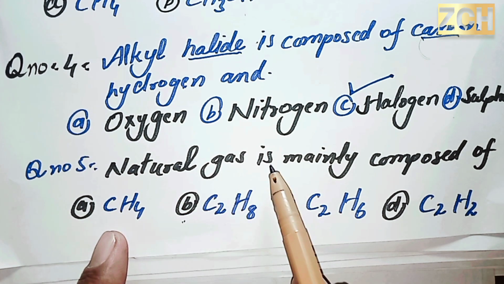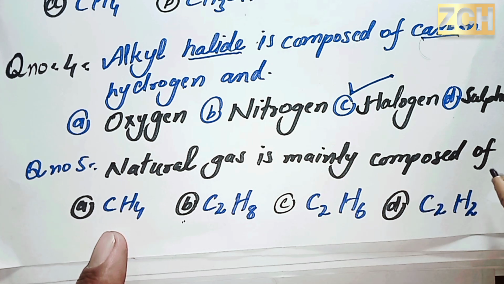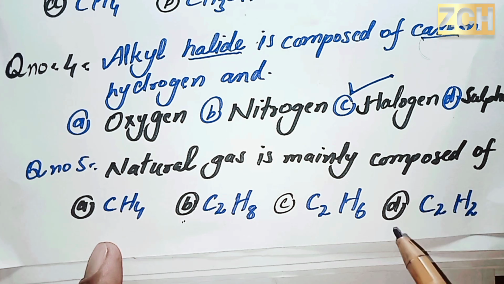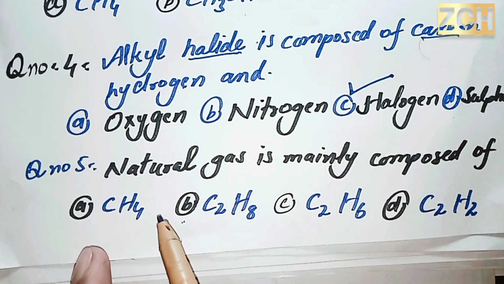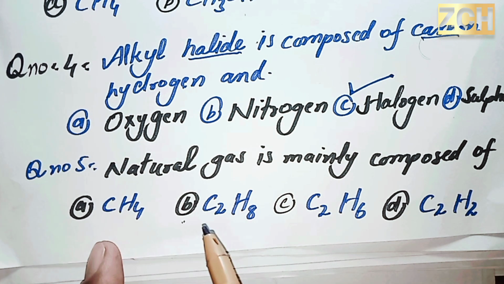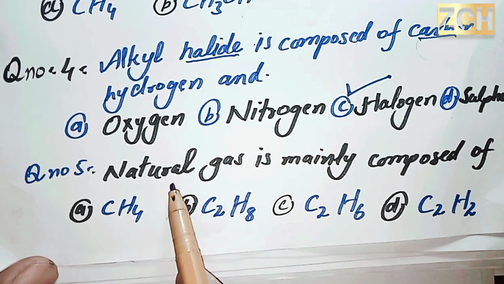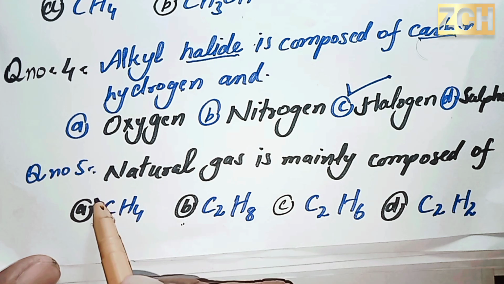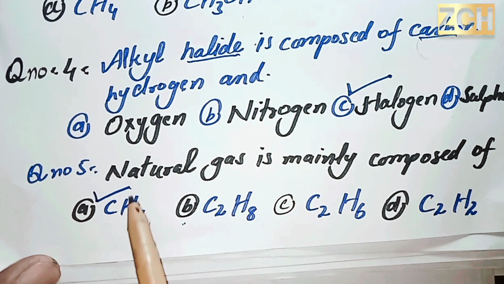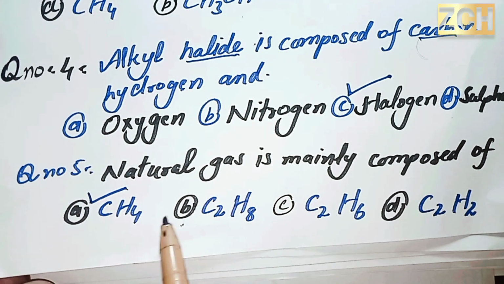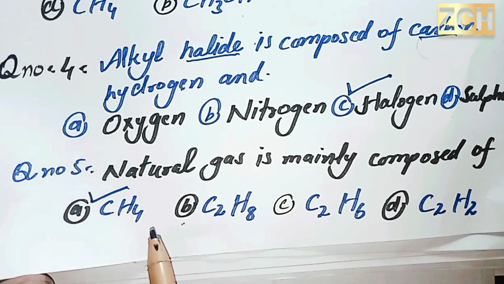Natural gas is mainly composed of. As we know, natural gas is composed of 2 or 3 types of hydrocarbons, and the main hydrocarbon present in natural gas is methane. So option A is correct, in which 90% methane is present.